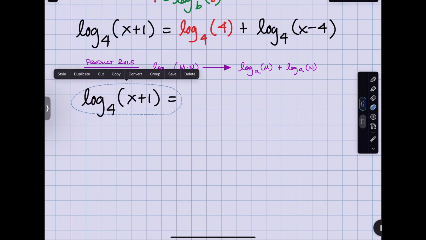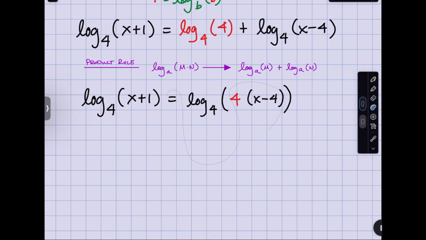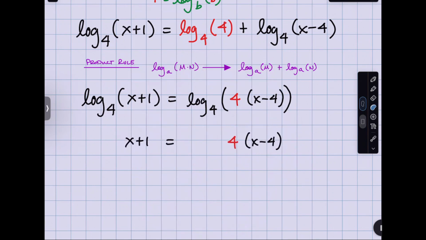So this is going to equal to... let's see if you guys get this part. Do you guys understand how I did that? Are we okay?